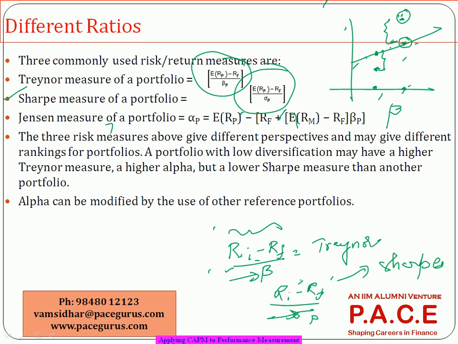So you see here, the actual return which the portfolio has given minus the CAPM return, Rf plus beta times (RM minus Rf). This is the expected, whereas this is the actual.